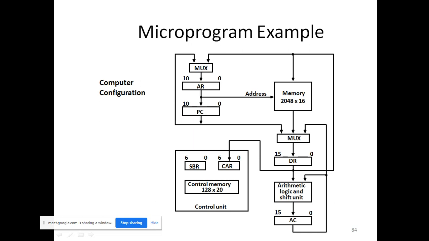And also, the data register receives data from the accumulator, from memory, and from the program counter. Next, the address register receives data from the program counter and also from the data register. Coming to the program counter, it receives data only from the address register.